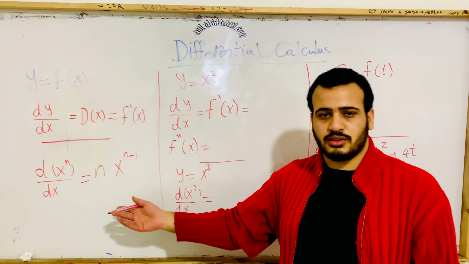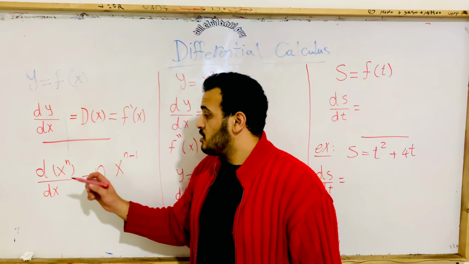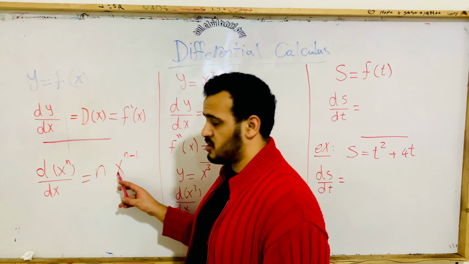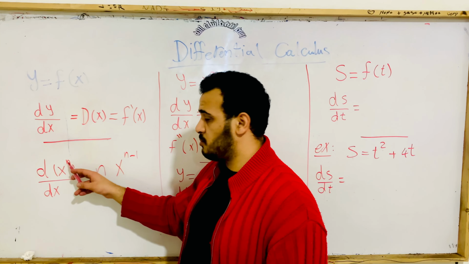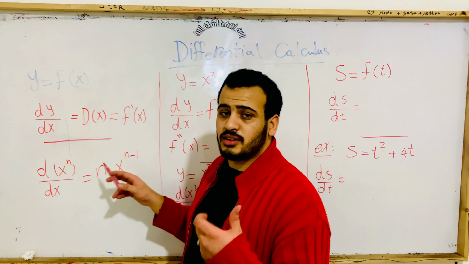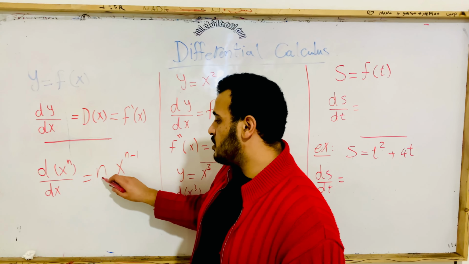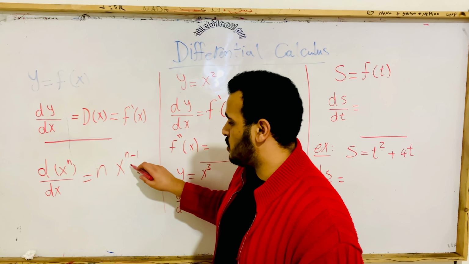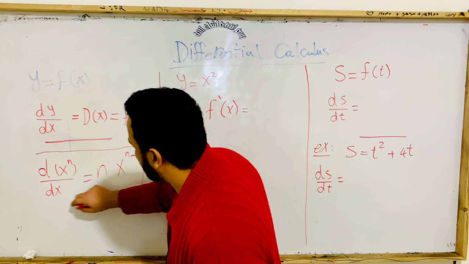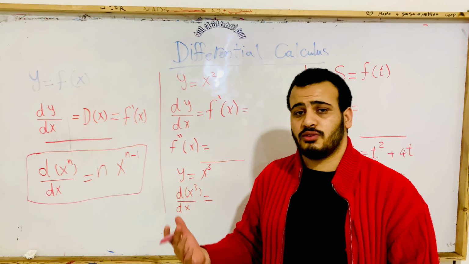What happened here in this derivative? As you can see, we dropped the n from the power and multiplied it by the base, and we subtracted 1 from the power. So it gives n times x raised to the power n minus 1. This is the general formula to find the derivative of a function.